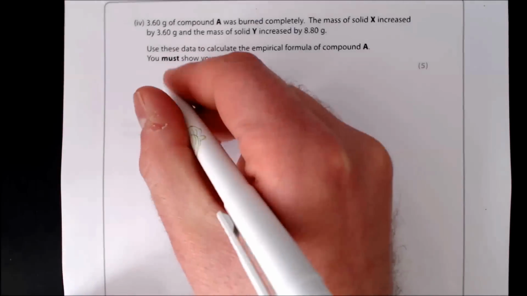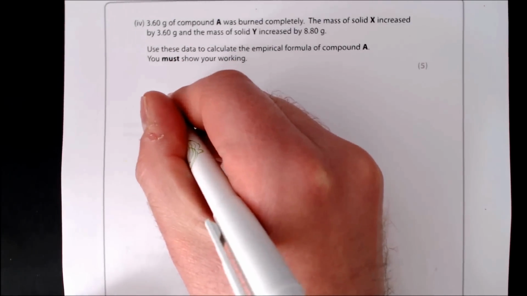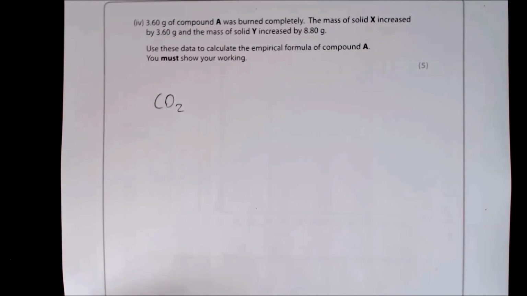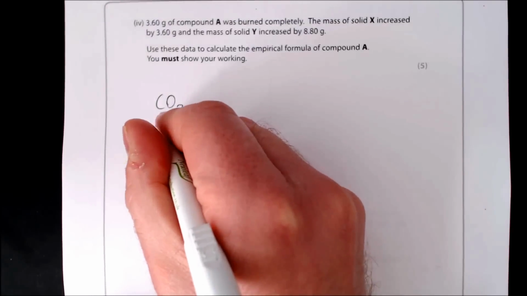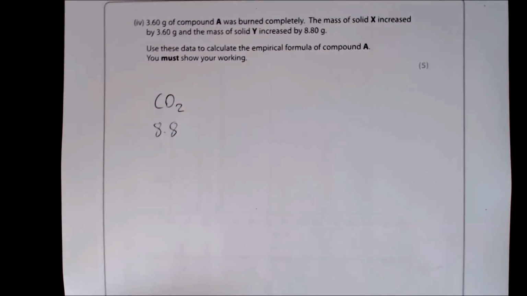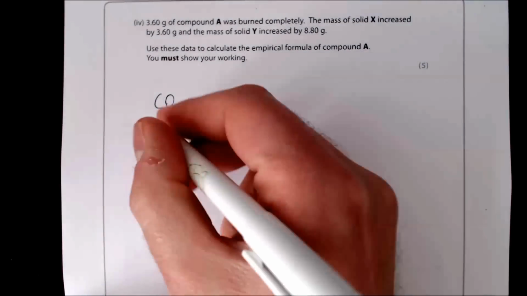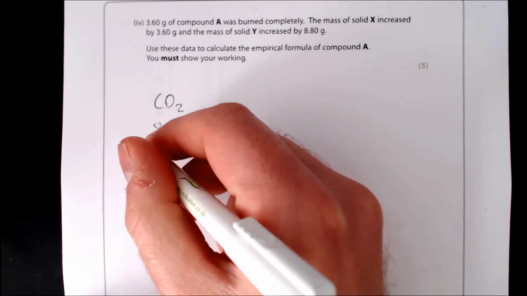Let's start with the carbon one first. So we know the carbon dioxide formula, and we know that the mass increased by 8.8 grams, which is on there. To work this out, we need to work out the number of moles.